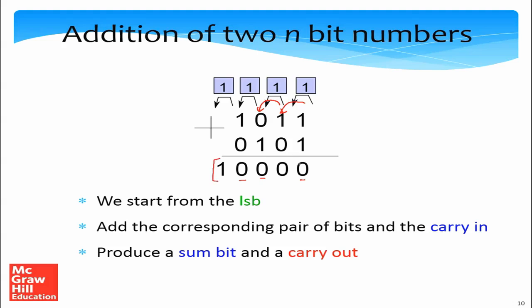So the final result is 1 and 4 zeros. So what do we do? We start from the least significant position, the LSB. Then we add the corresponding pair of bits and the carry in, and we produce a sum and the carry out. The carry out at the ith position is the carry in for the (i+1)th position.